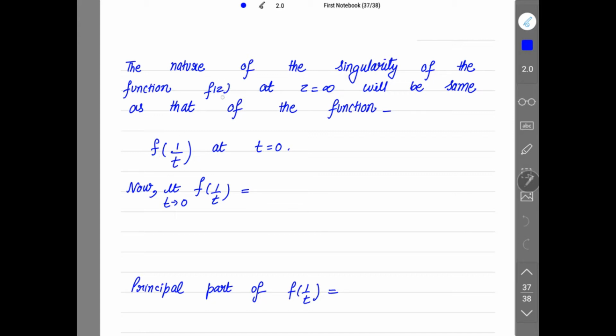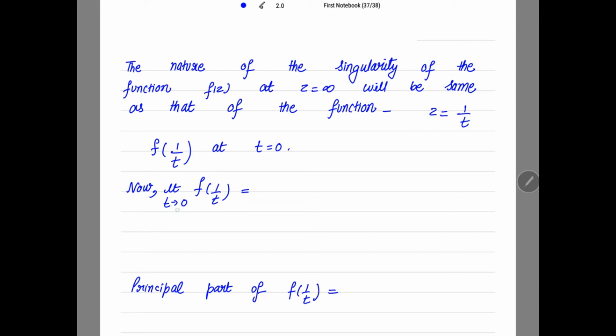Just reciprocate it. If f(z) is at z equal to infinity, I will take f(1/t) at t equal to 0. I have taken here z to be 1 over t. So for z equal to infinity, I am having t equal to 0.